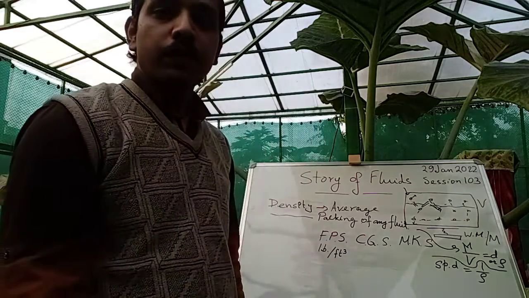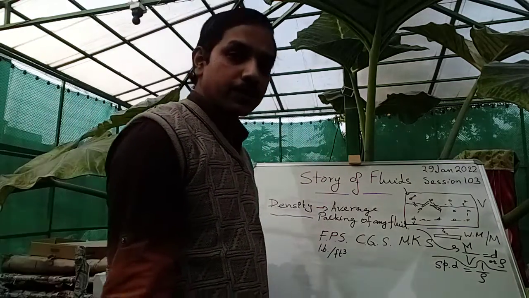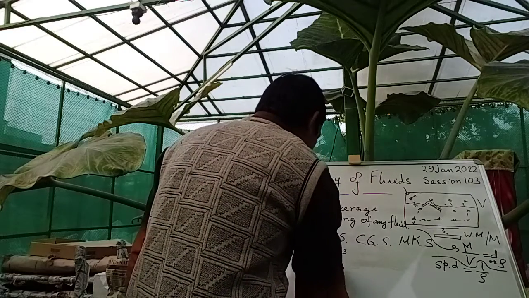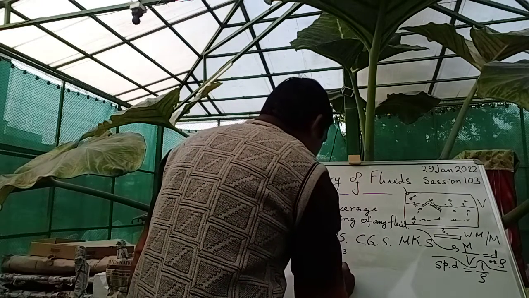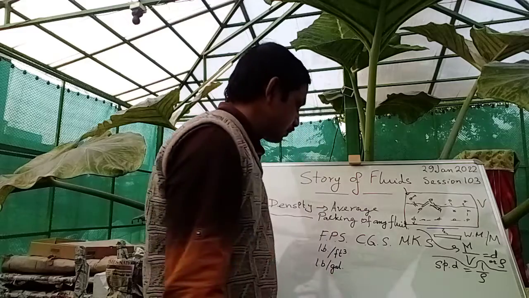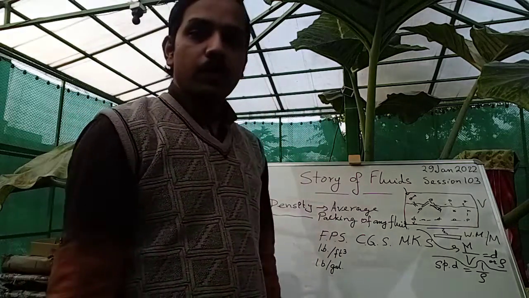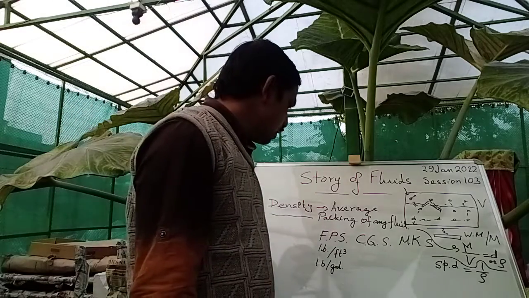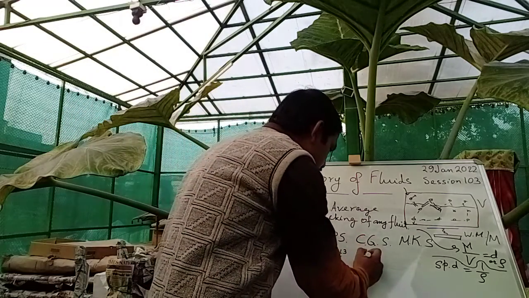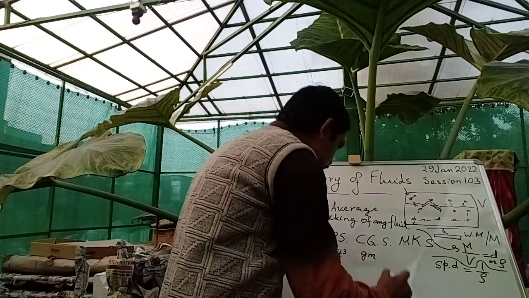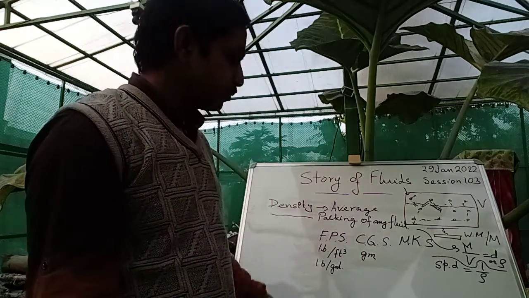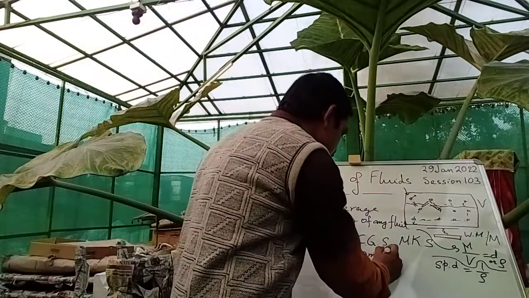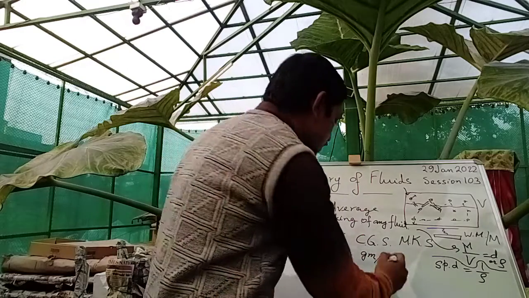Or if you use the very traditional English system, you can replace it by pound per gallon. For the CGS system, we have mass in grams, and we divide it by the volume, so that is centimeter cube.